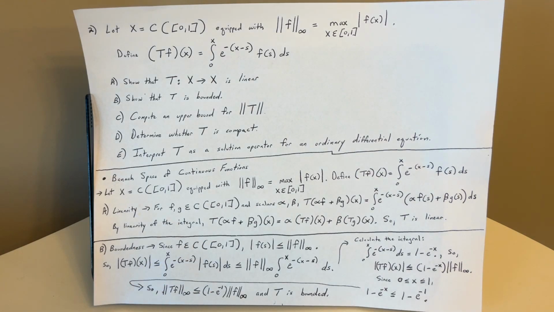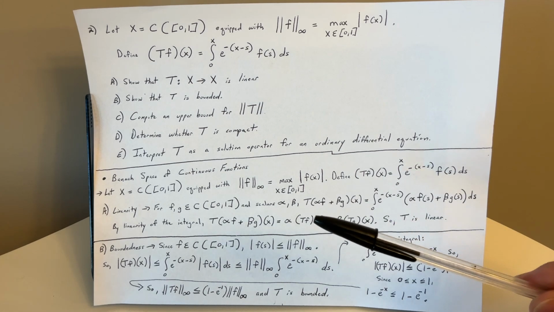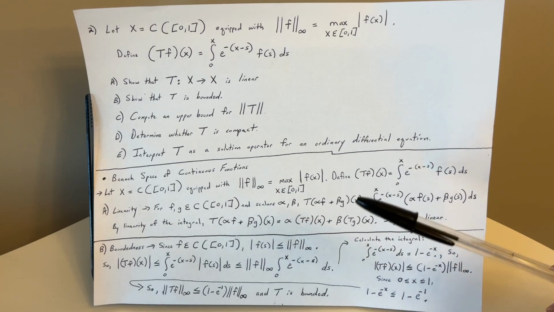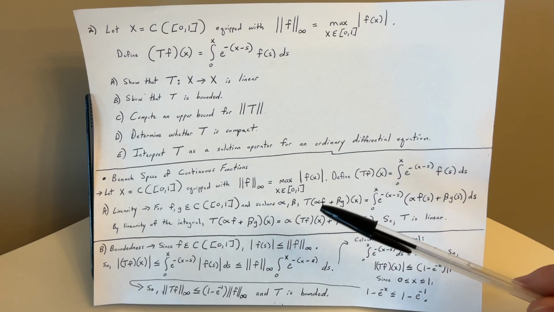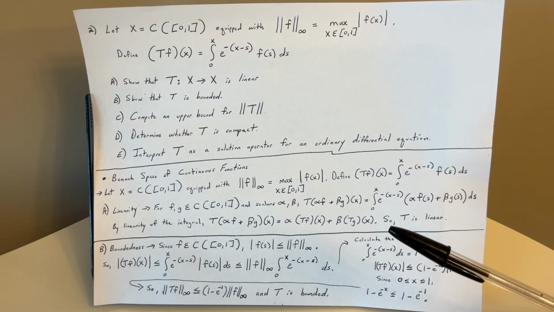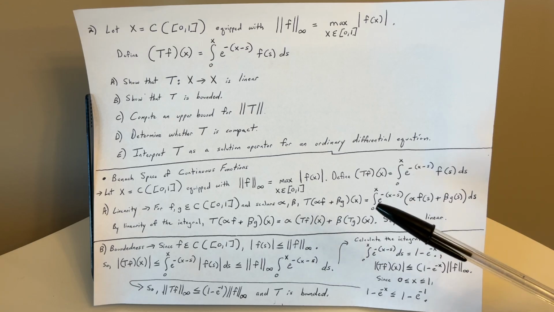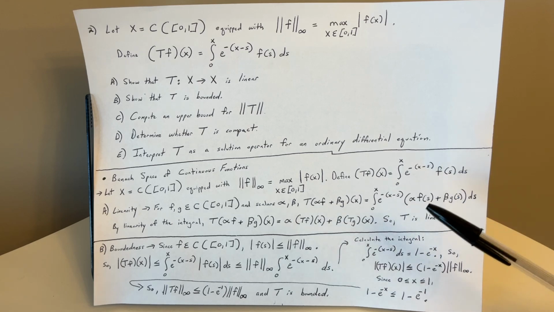T applied to alpha f plus beta g, at x, equals the integral from 0 to x of e to the negative quantity x minus s, times the quantity alpha f of s plus beta g of s, ds. This is integrated in terms of s.